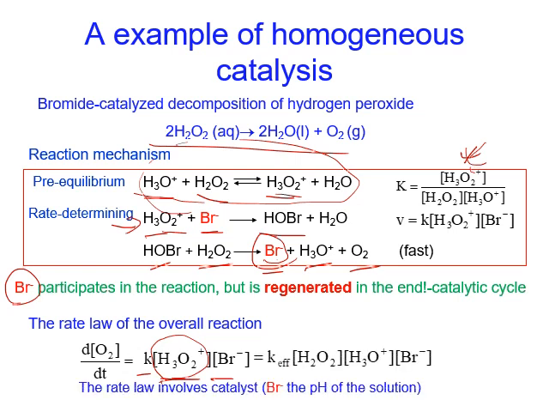So if we plug in everything, we can show that the overall rate law is proportional to the reactant hydrogen peroxide, but also proportional to the acid concentration and the bromide. So it's very common that the catalyst does not appear in the overall reaction, but it is in the rate law. It affects the reaction rate law.